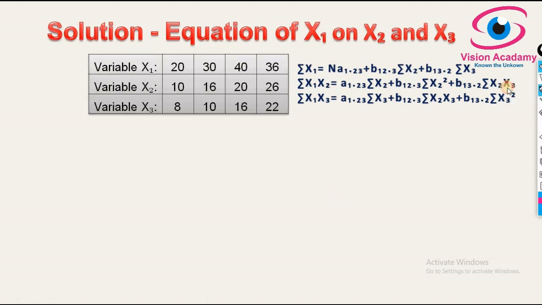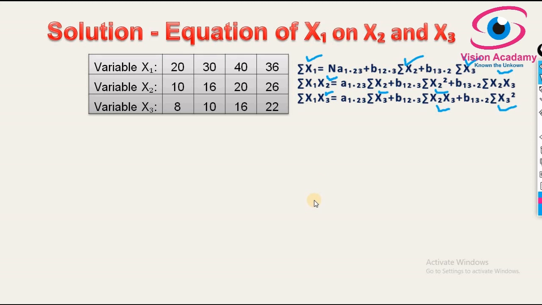Using this, firstly we need summation x1, summation x2, summation x3, summation x2 x3, summation x2 square, summation x1 x2, summation x1 x3, summation x2 x3, and summation x3 square. Firstly we need to obtain all these values, thereafter we can replace all the respective values in the equation.